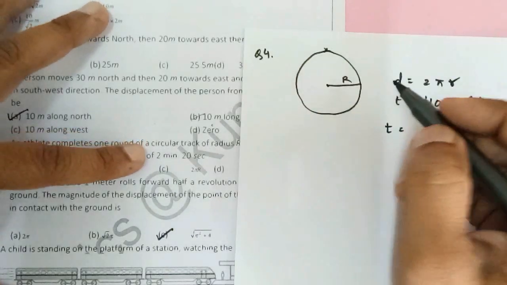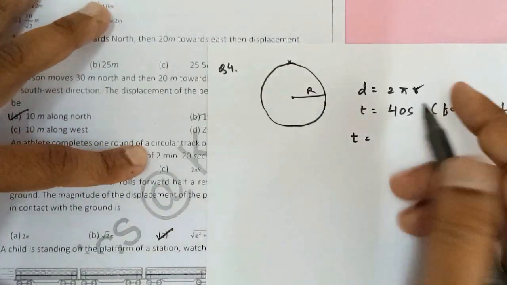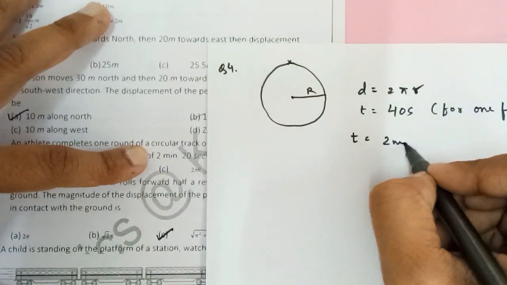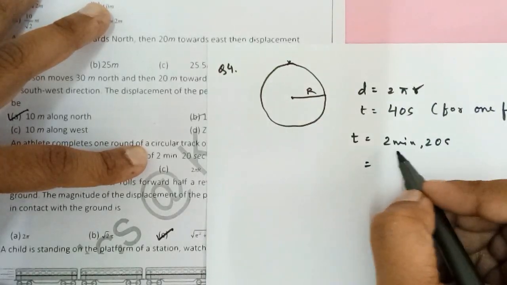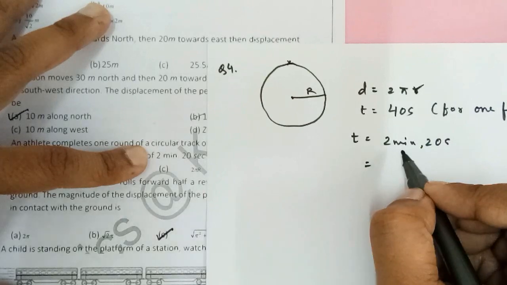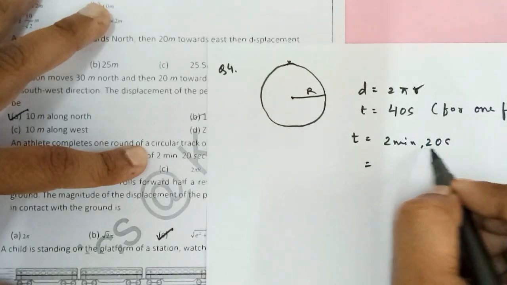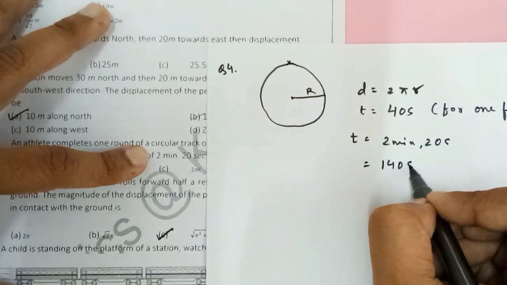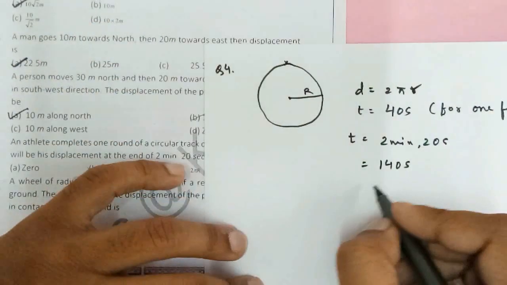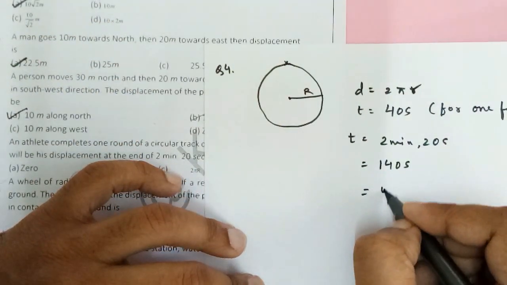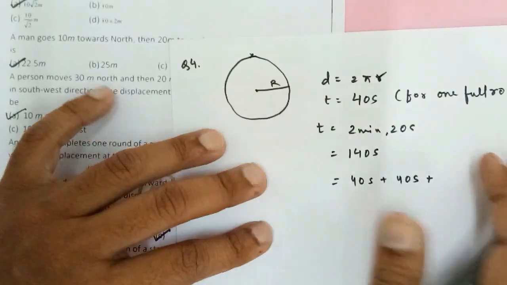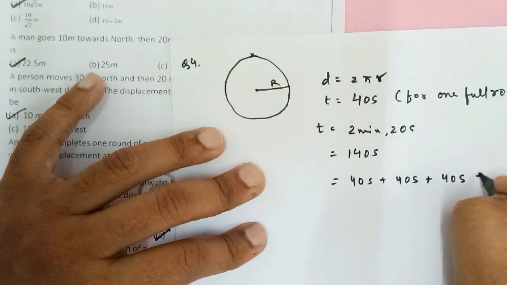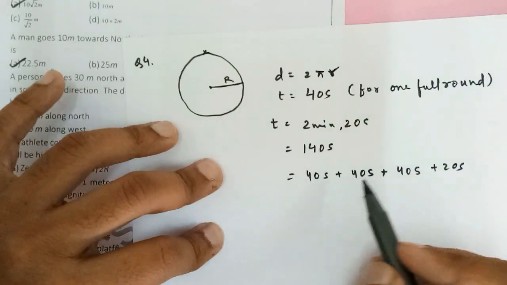He might be running several rounds, and the time taken to run those several rounds is 2 minutes and 20 seconds. 1 minute is 60 seconds, so 2 minutes is 120 seconds plus 20, so it is 140 seconds, right? I can split up 140 seconds to be 40 seconds plus 40 seconds plus 40 seconds plus 20 seconds.